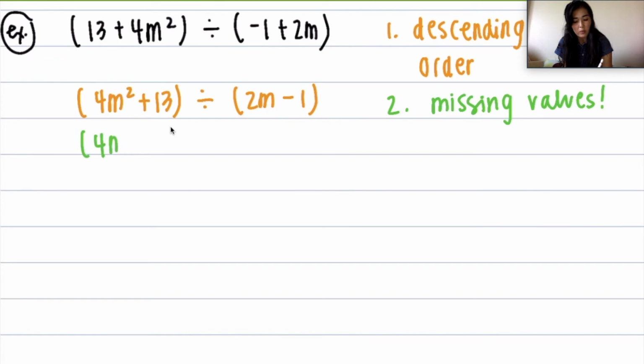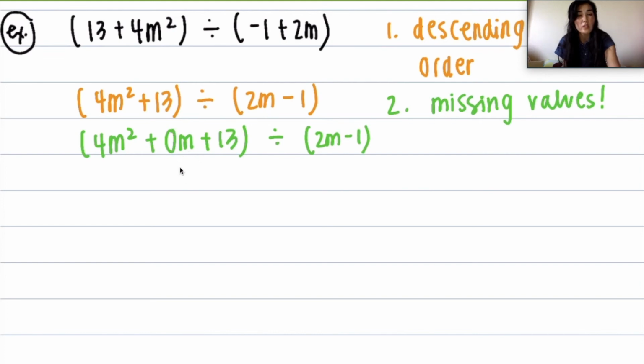So this becomes 4m squared plus 0m plus 13 divided by that 2m minus 1. And so again, I filled it in with a 0m because there are no m's here. Again, that's helpful to me just so I know which terms I'm combining. I'll show you what that looks like as we solve this problem.